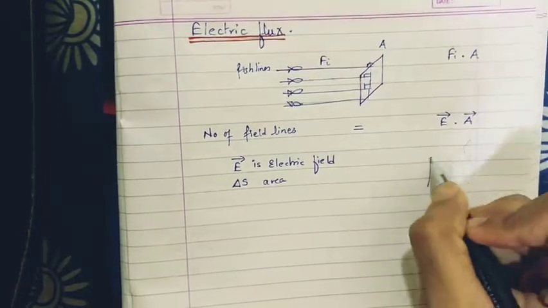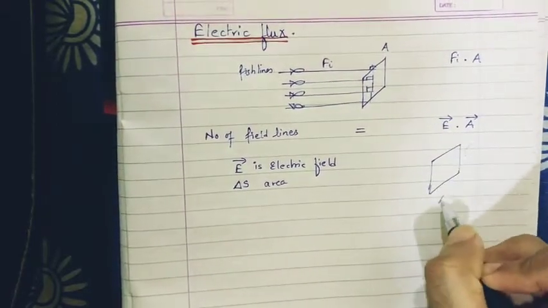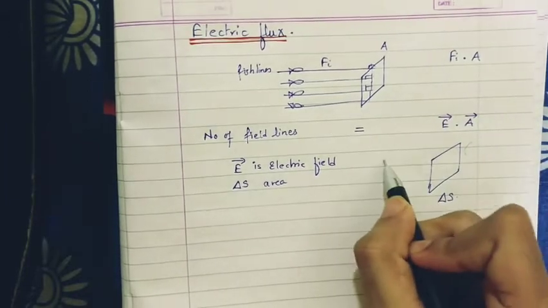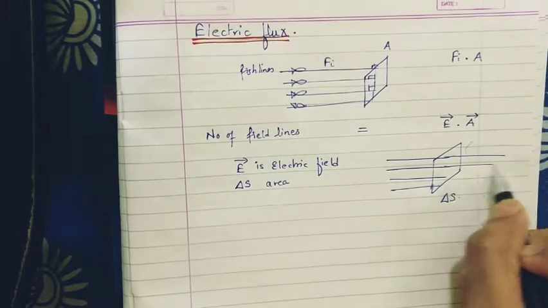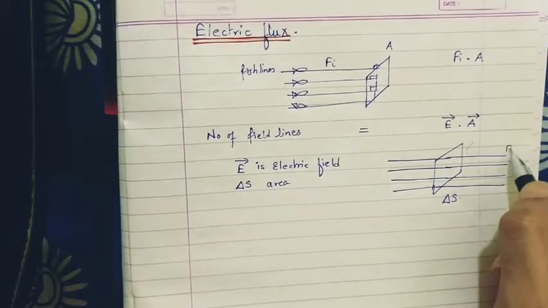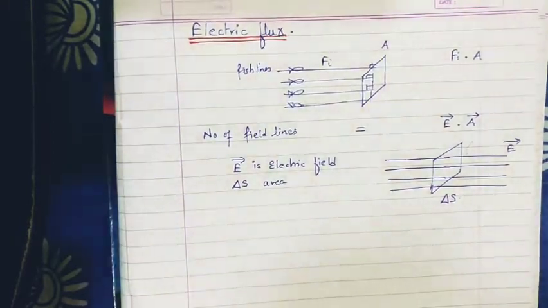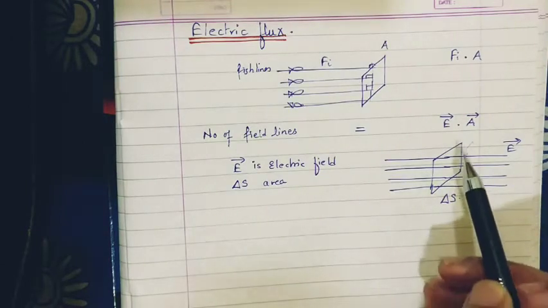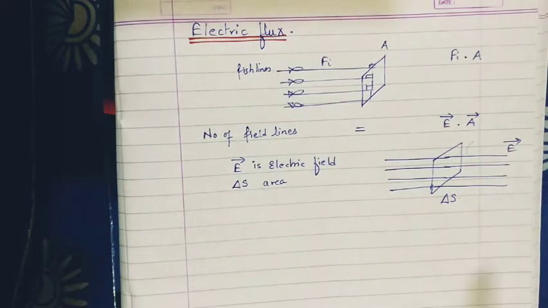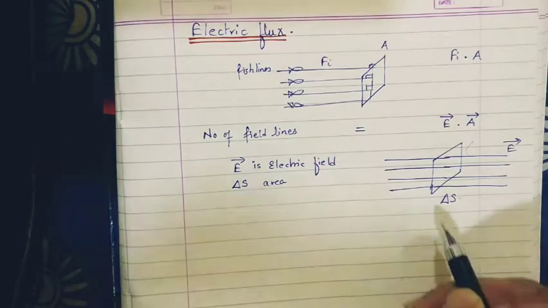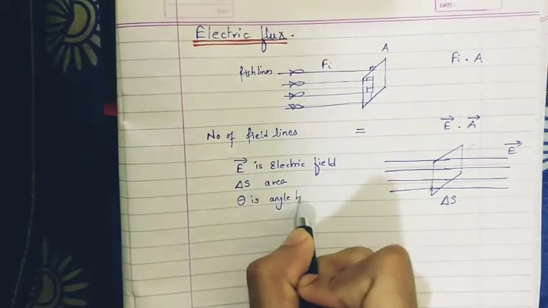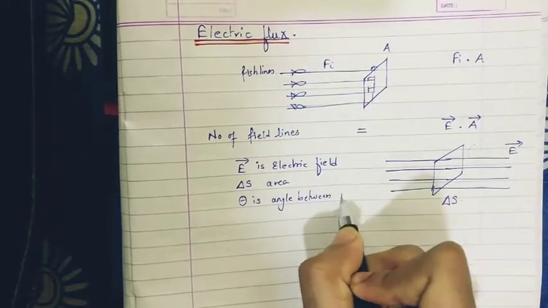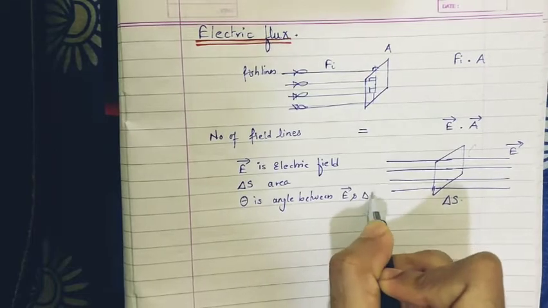So let's consider an area, that is delta S. Let us consider an electric field which is passing like this through this area, that is E. And let us consider that the area vector and electric field are making an angle of theta. So theta, let us consider, is the angle between E and delta S vector.